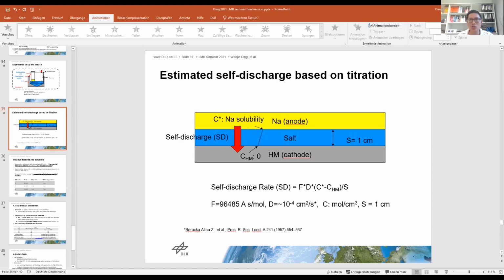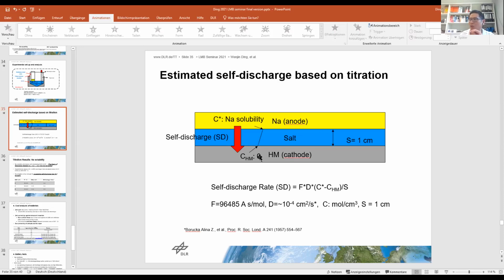Usually when the cation is larger, the diffusion coefficient is lower. But it is in the range of 10^-4 or 10^-5, so not a very large change.